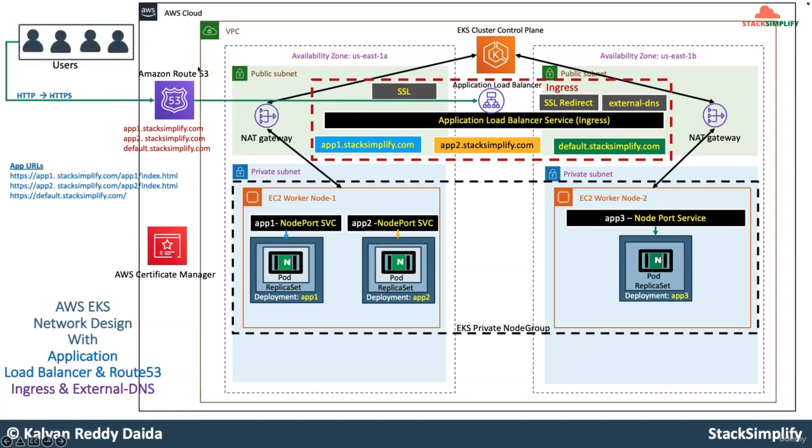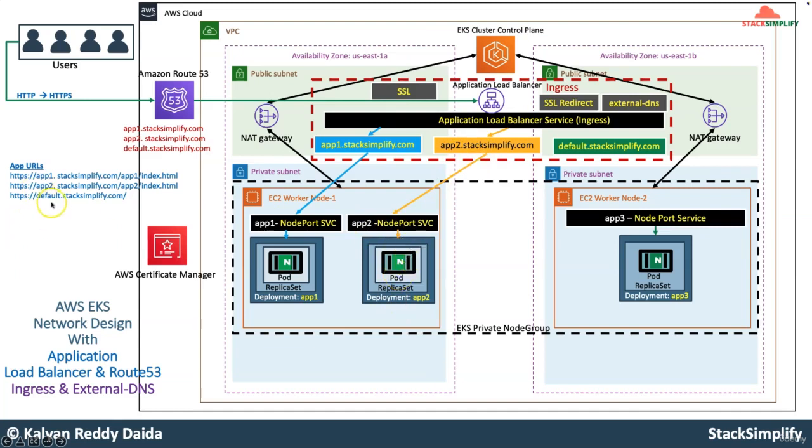And whenever a user accesses app1.stacksimplify.com/app1/index.html, the request will come to our ingress and then go to the app1 node port service and the respective pod. In the same line, whenever a user accesses app2, it comes to the app2 related rule in the ingress load balancer, and from there it goes to the app2 node port service and reaches the app2 related nginx pod.